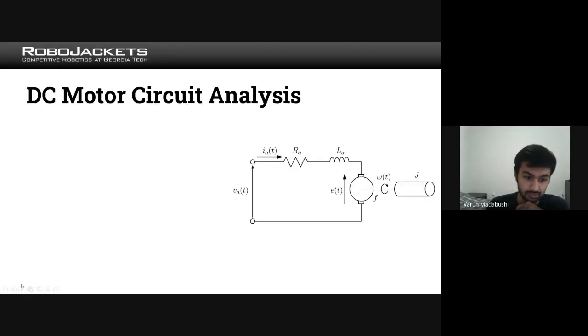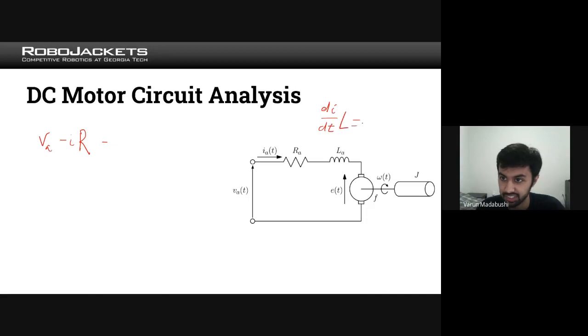So now let's actually try to do the circuit analysis for the motor itself. You can remember Kirchhoff's laws, right? The current flowing here, we can just analyze this loop and the voltage drops in terms of it. VA minus I times R minus the voltage drop across an inductor. Let's write the equation for that real quick: L dI/dt equals V. This is just physics 2 or circuit analysis course.